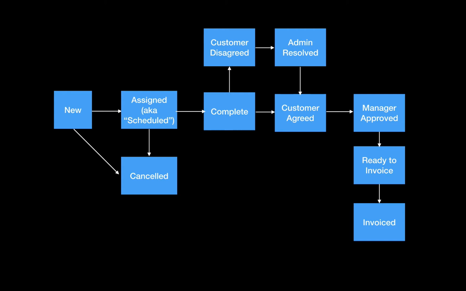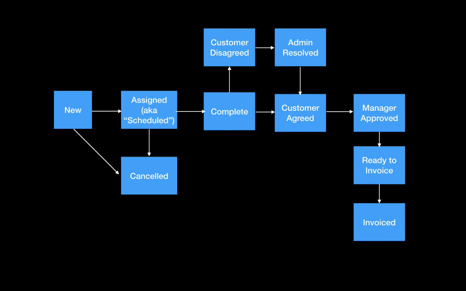So when the customer creates a request in the mobile application, the status will, of course, be new. And at that point, the admin user, through an admin portal that we're building for them, will then take this request and assign it to any of the available trucks that he or she has on hand.